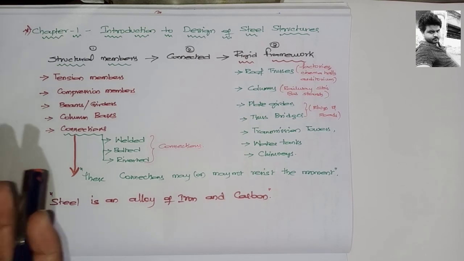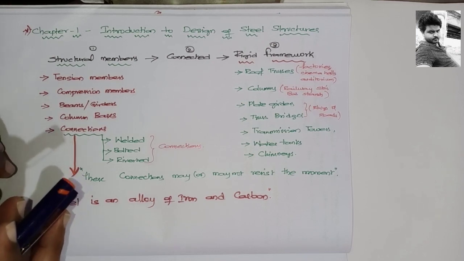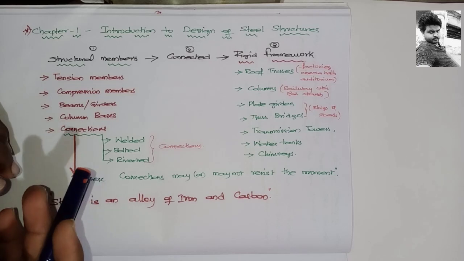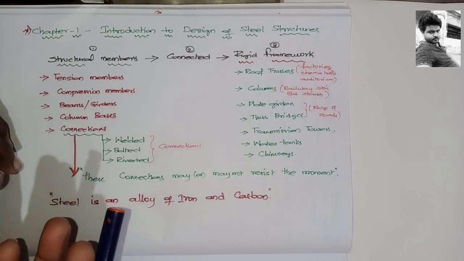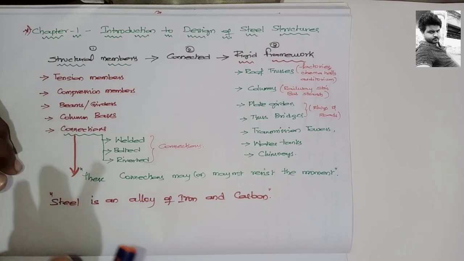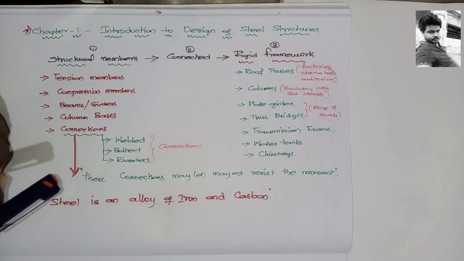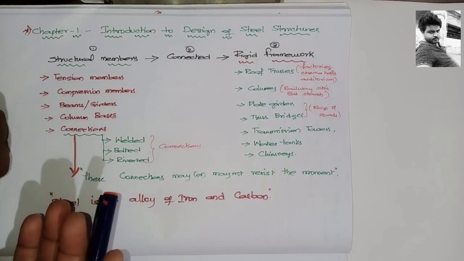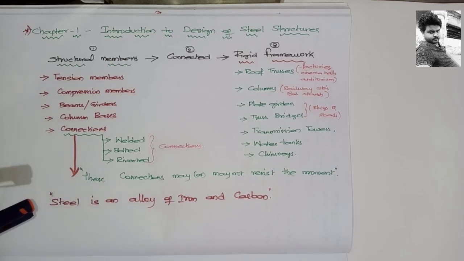In this subject, we'll deal with what the different types of steel structures are, how steel structures are formed by using different members, what connections are used to make a frame of a steel structure, and what is the load carrying capacity of a particular member in a steel structure. Coming to today's topic, I have chosen the introduction to design of steel structures.